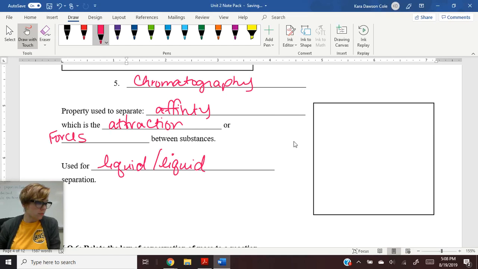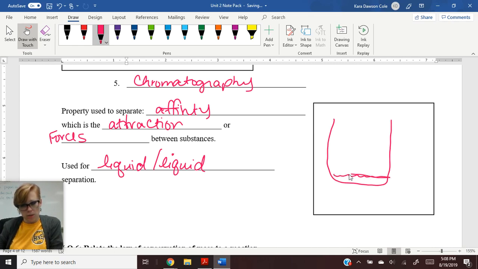And essentially what you have is your flask, usually like a beaker. And you've got a small amount of solvent at the bottom of the beaker. So this is solvent, which is your liquid.